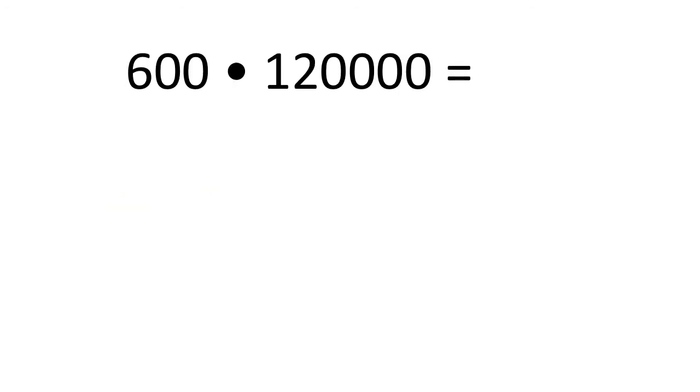So we'll do the same thing for this problem, but we have zeros to the right of non-zero numbers in both of the factors. So we got 1, 2, 3, 4 from the 120,000, and also 2 more zeros from the 600. Which again, this is nice because then it changes the problem into simply 6 times 12.